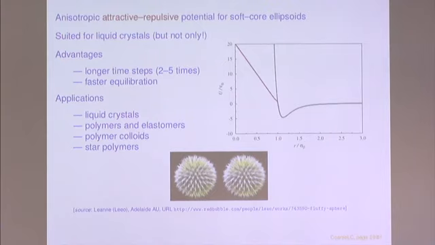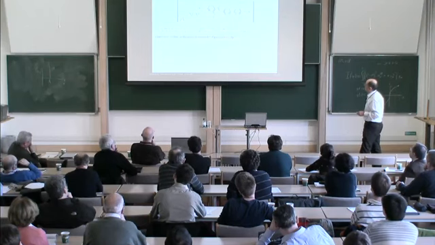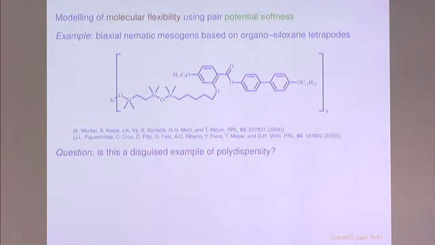This kind of system can be interesting both for liquid crystals, but also for polymeric systems formed by very flexible molecules. And I give you here an example, still in the liquid crystal field. This is a very large molecule.